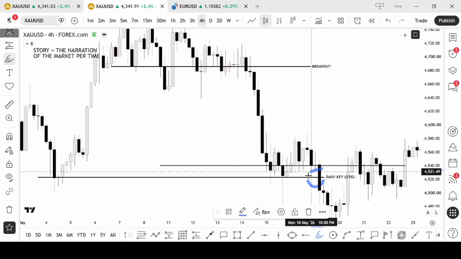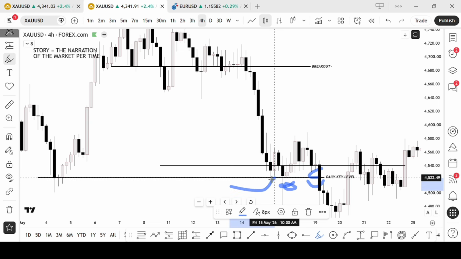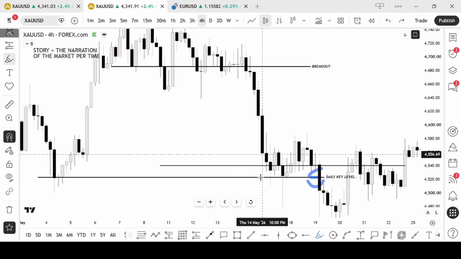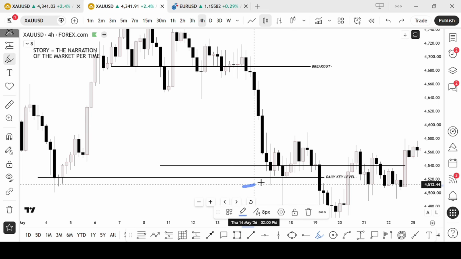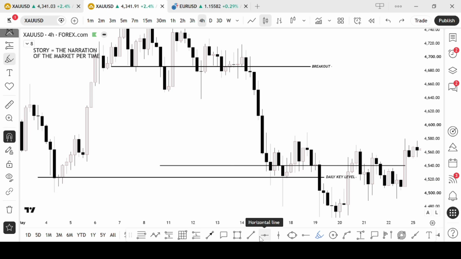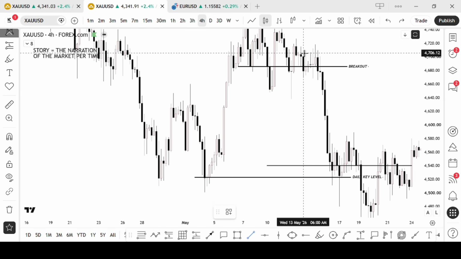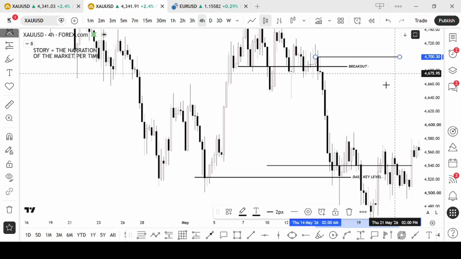Is it this point? No. Is it this point? No. Is it this point? Yes. So, if this is the point at which price taps our key level, then where exactly is the valid breakout? In this scenario, the valid breakout would be this high. This would be a valid breakout.